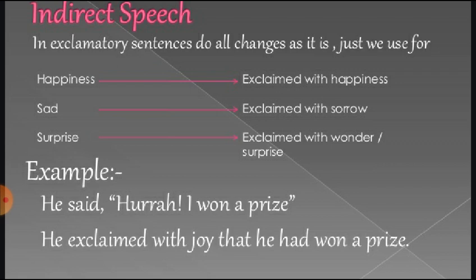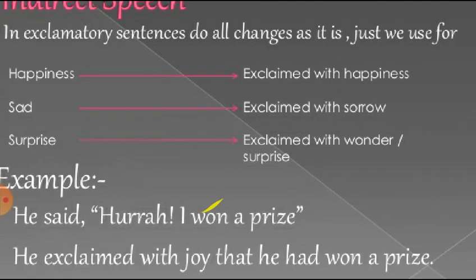As you have studied, in an assertive sentence, that is used as a connector. In the same way, in an exclamatory sentence there is also the use of that as a connector when changing it into indirect speech. So one example I am presenting here in the slide.